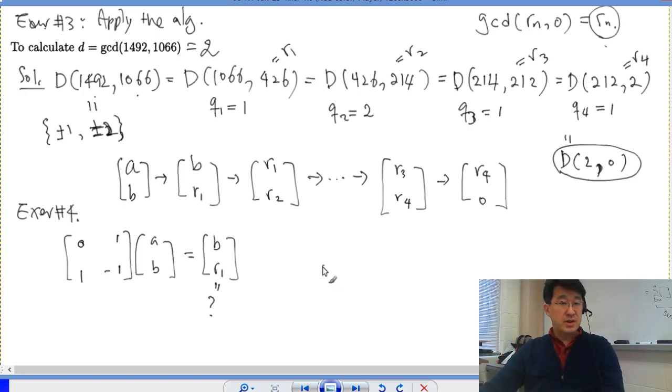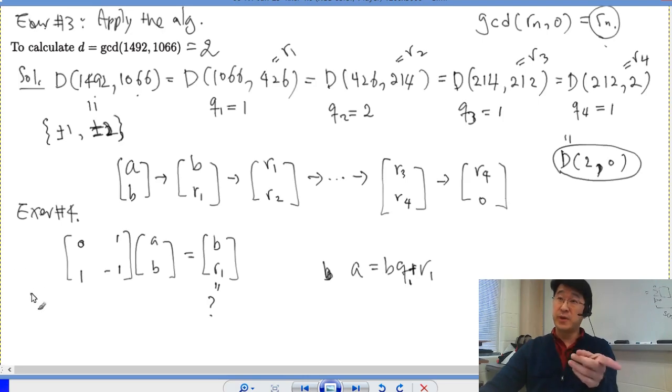You see that A is BQR1, right? That's right, minus QB. That's why there's a negative there. Negative Q1, but Q1 is 1. Yeah, that's right. Yes, you're right.